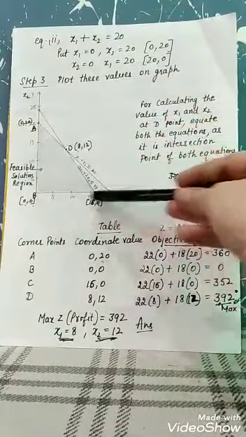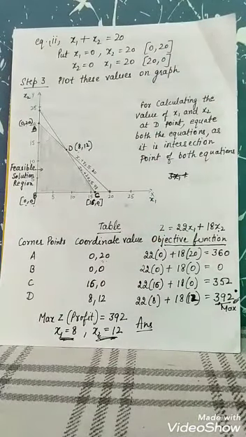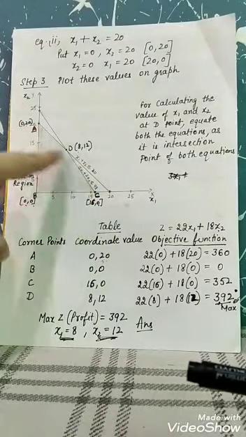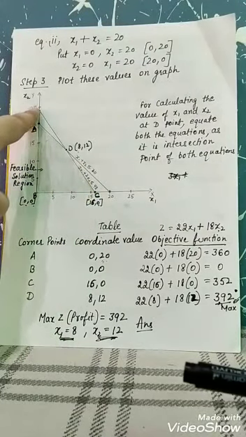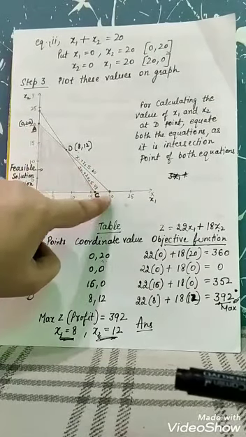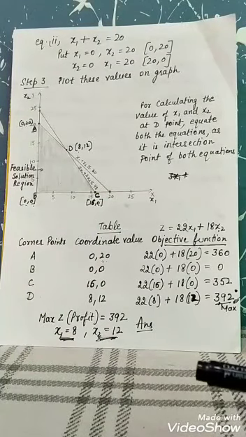How can I plot these values on a graph? Because I calculated my coordinate points, I just joined these coordinate points to meet the equation. This is the first equation line, that is (0, 24) and (16, 0), and this is second equation line, that is (0, 20) and (20, 0). So I joined them, and after joining I am able to find the feasible solution, which is a common area.